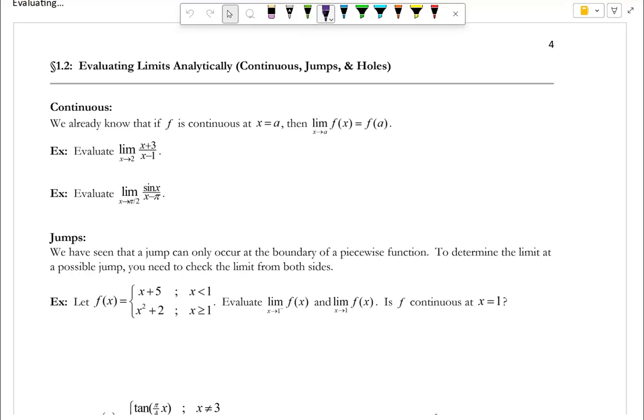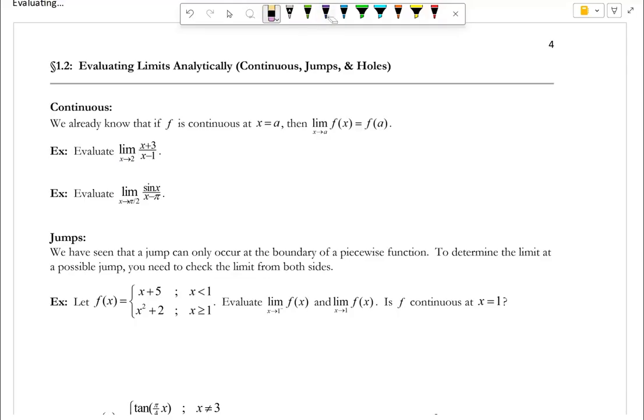If I look at x plus 3 divided by x minus 1, the only discontinuity is going to happen when x equals 1, because that's the value that will make my denominator equal to 0. And since this isn't a piecewise function, I'm not worried about jumps. While this function does have an asymptote at x equals 1, we're evaluating the limit of the function as x approaches 2. Because our function is continuous, this is the same as just plugging in 2 for x and getting the function value.